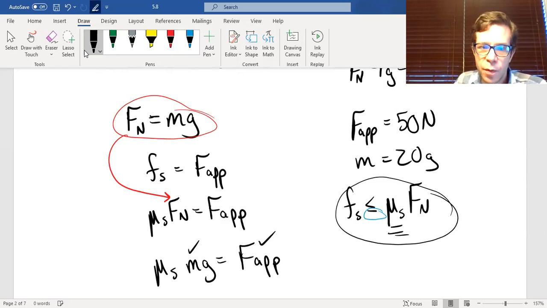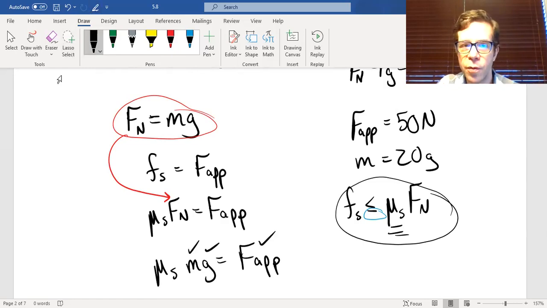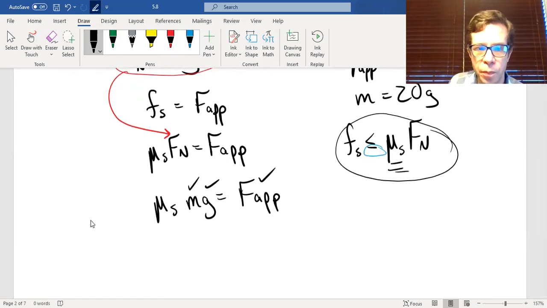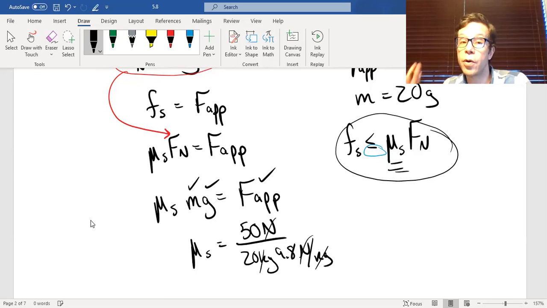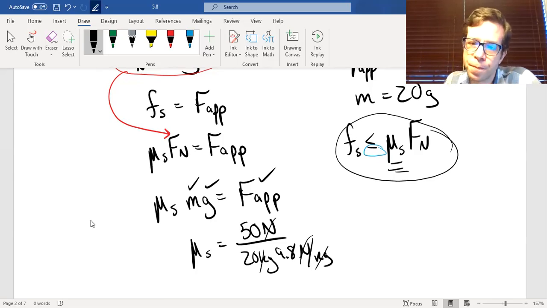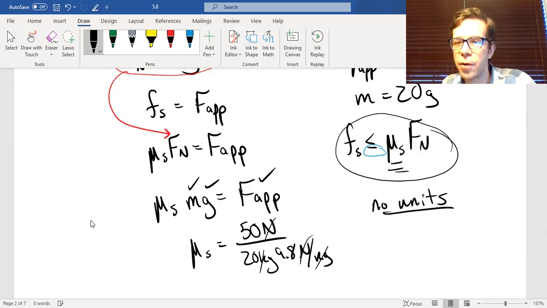We know the applied force, we know m and g, and we can solve for the coefficient of static friction. So my coefficient of static friction is 50 newtons divided by 20 kilograms times 9.8 newtons per kilogram. Look at our units. There are no units. It's a unitless value like our trig functions.